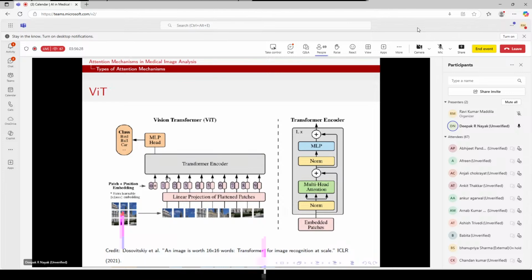Finally, all those flattened patches, with the help of linear projections, are passed to the transformer encoder. And this transformer encoder is totally based on something called an attention mechanism. And what type of attention is it? It is a self-attention mechanism.